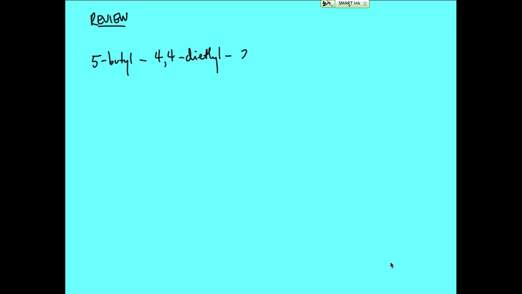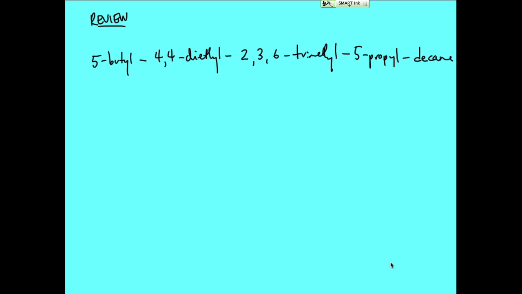Let's go 2, 3, 6 trimethyl, 5-propyl decane. Pretty long, pretty impressive looking thing, but to draw it, it's really pretty straightforward.